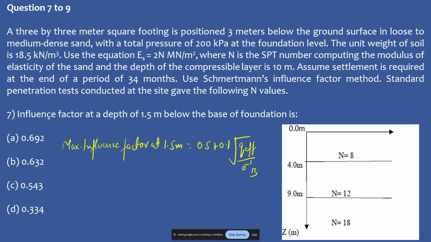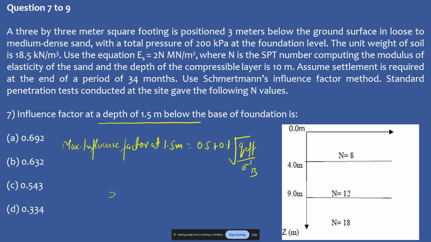So you need to evaluate the influence factor at a depth of 1.5 meter below the base of the foundation. In that case, I think Professor Bedi has also solved a similar example, so you can cross check that for better reference.